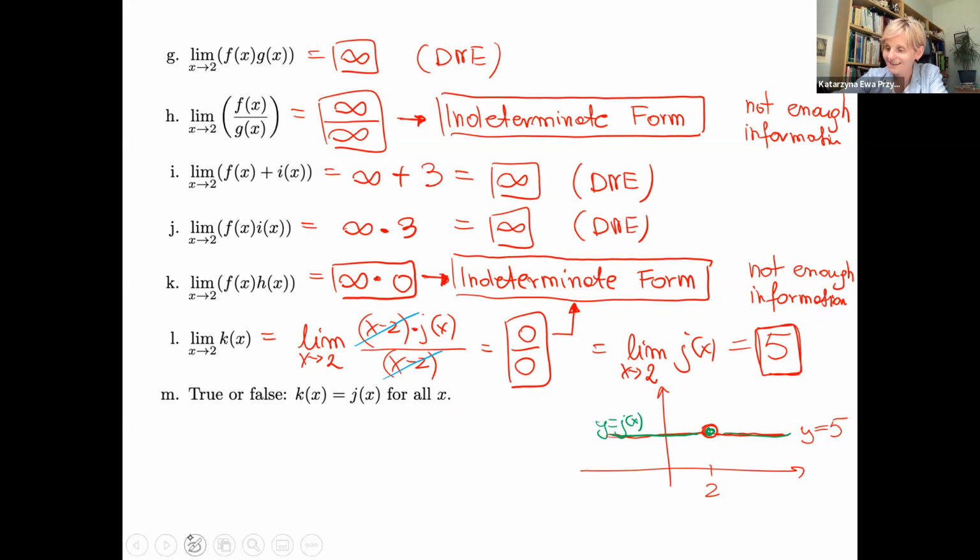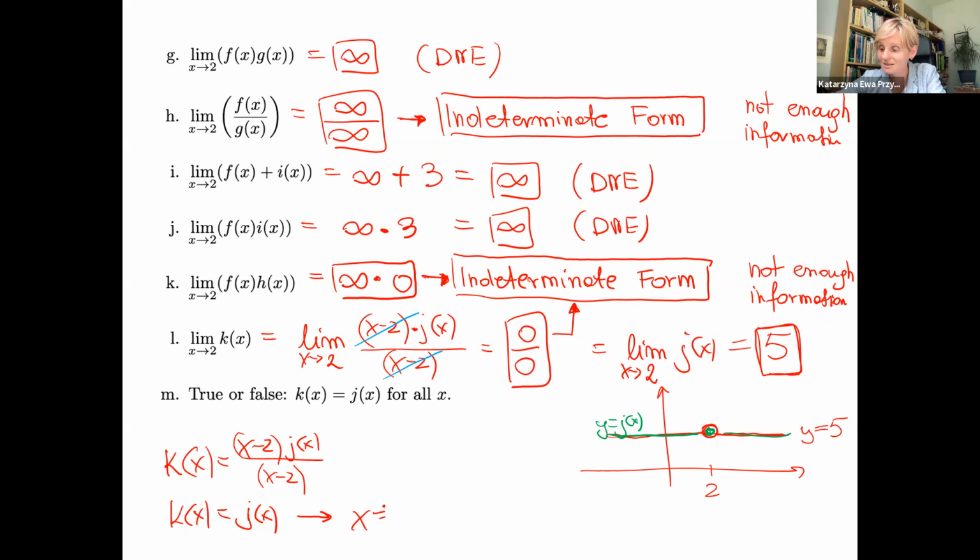But function k of x is defined like this. And with respect to the function, I can also cancel out, but we have to be careful. They are equal everywhere, but not at 2, because this function is not defined at 2.